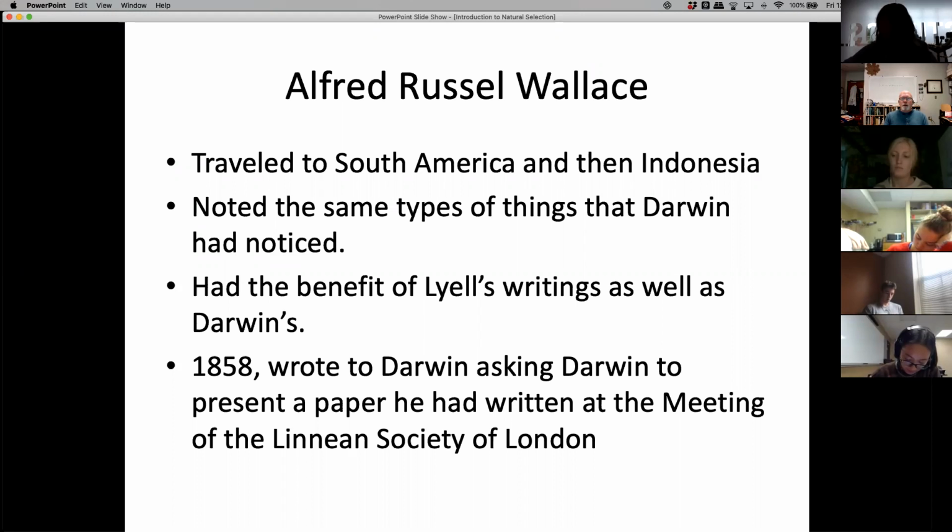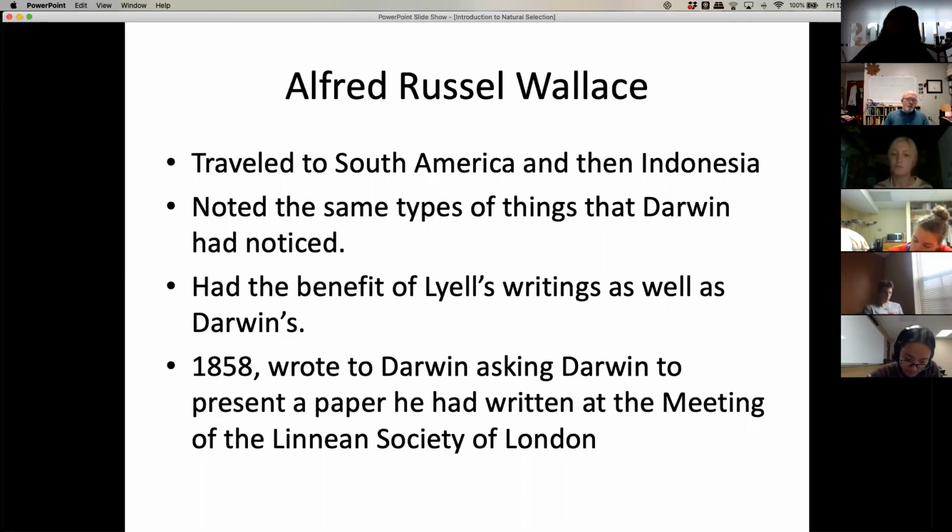And his ship caught fire and went down in the ocean. He was out at sea in a small boat, I think for 20 days, when another ship came by and picked him up. And basically he lost the vast majority of all of the work that he had collected in South America. He got back to England. He wrote up a couple of papers based on his notes and observations from South America.